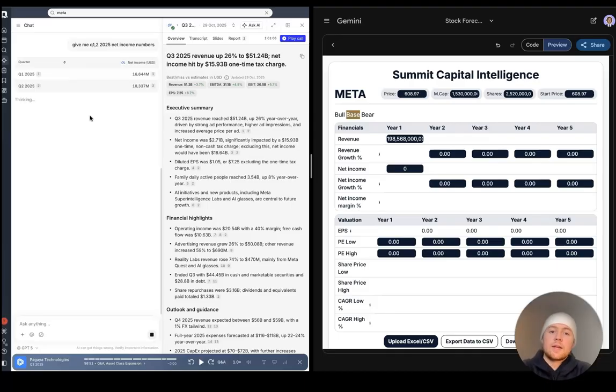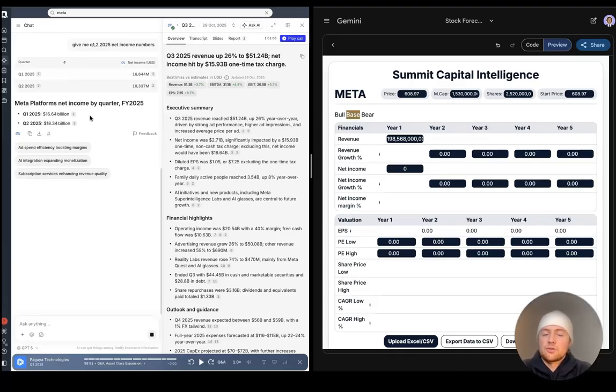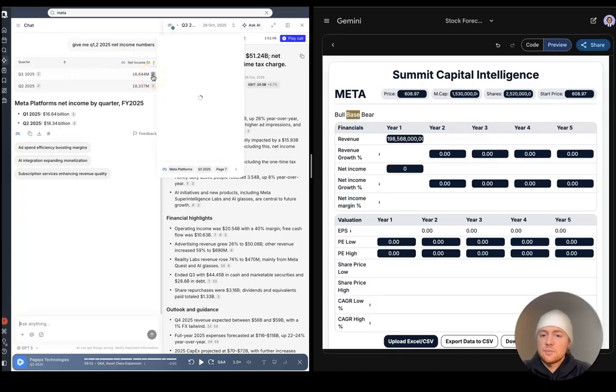And the reason I really like Qualtrim, it's hard to trust some AIs when you're doing stock research. I double check typically either way. But in terms of Qualtrim, they are pulling this information directly from the income statement here. They pull it directly from all of the financial reports, all of the slides, even transcripts.